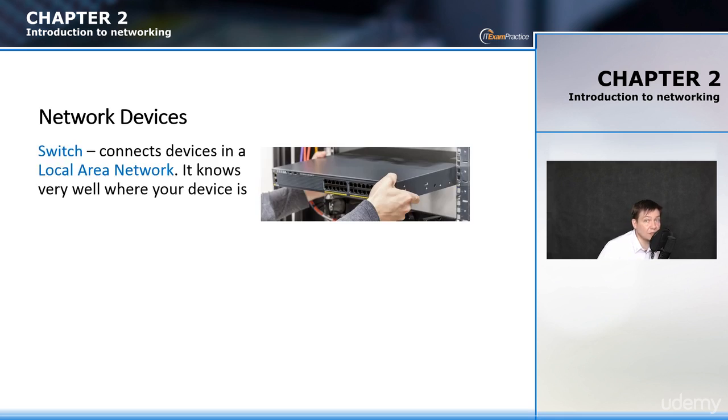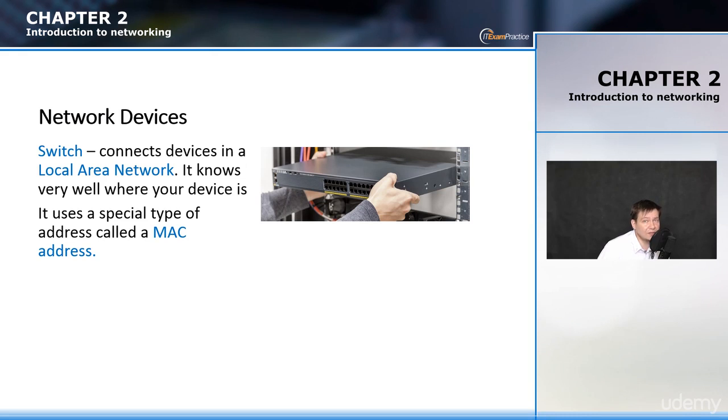Now a switch. We know that a switch is used in a local area network. It means that it is one small area, one building, one office. A switch is a pretty smart device because it knows where your device is.